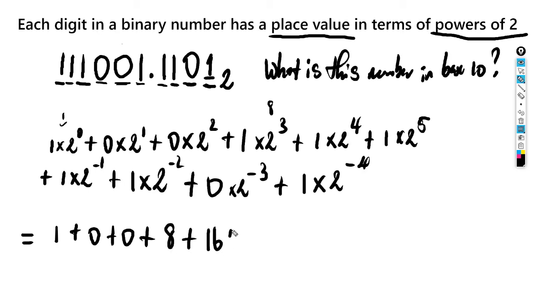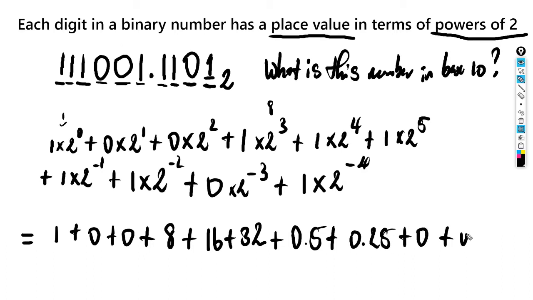Plus 16 plus 32. And then for this part, let's add the decimal part: 0.5 plus 0.25 plus 0 plus 0.0625. All right.